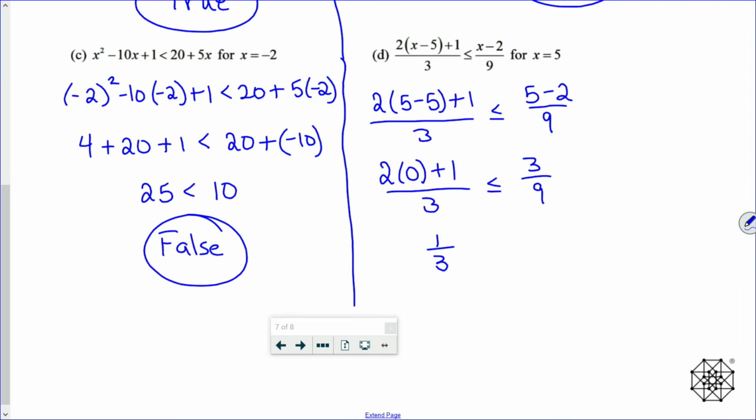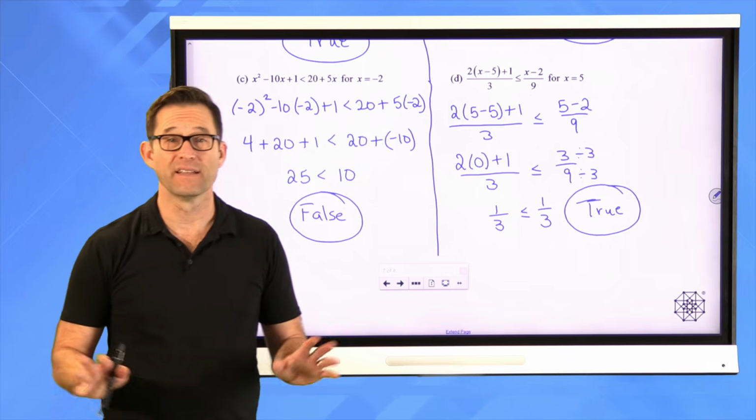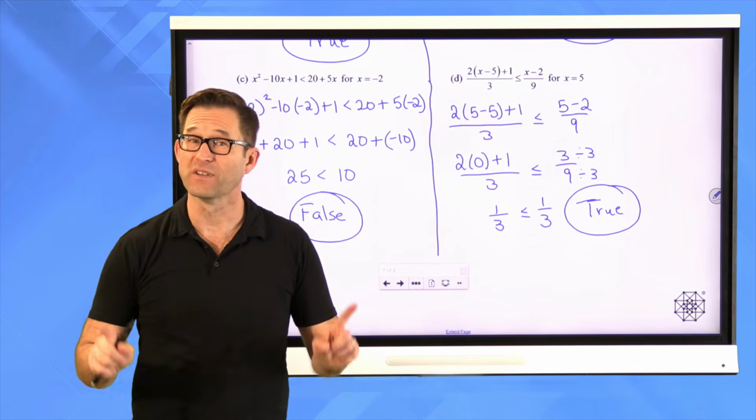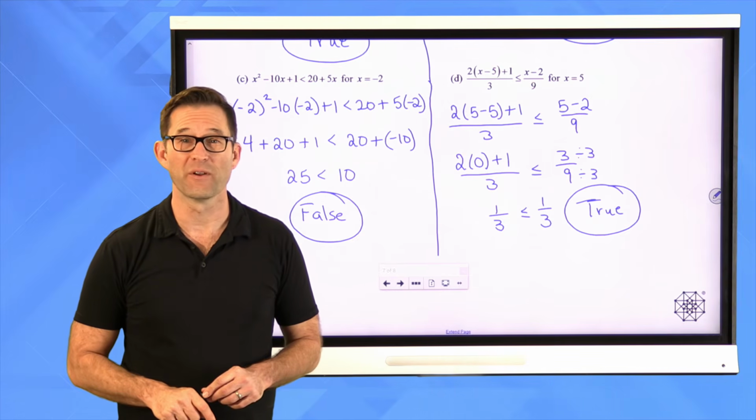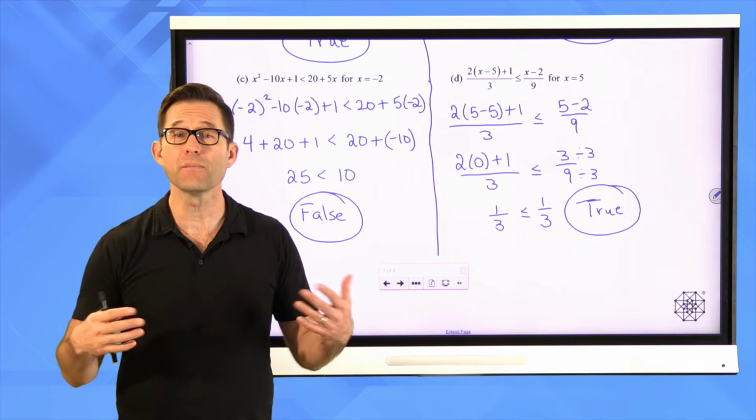So that left-hand side just becomes 1/3. And that right-hand side, 3 divided by 9, can be reduced by dividing both numerator and denominator by 3. And I get 1/3 is less than or equal to 1/3. And that, I almost wrote down, was false, but is in fact true. That would have been really bad if I said that one was false, because 1/3 is most certainly equal to 1/3.